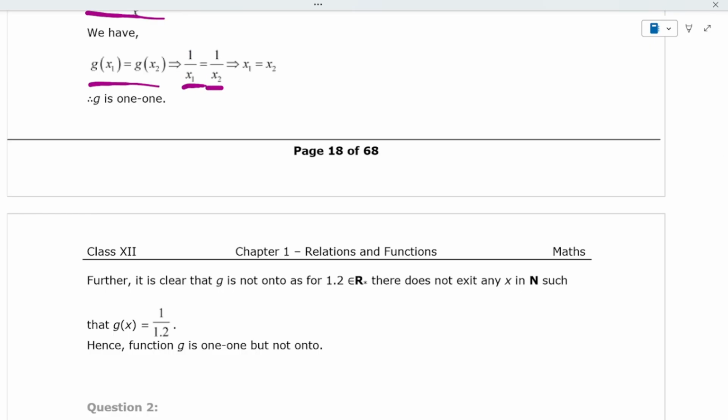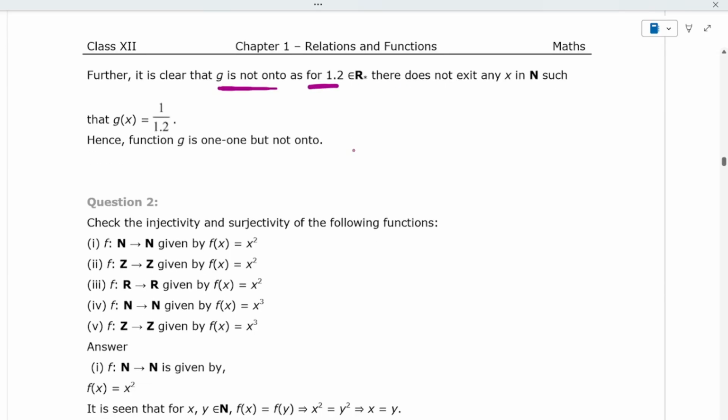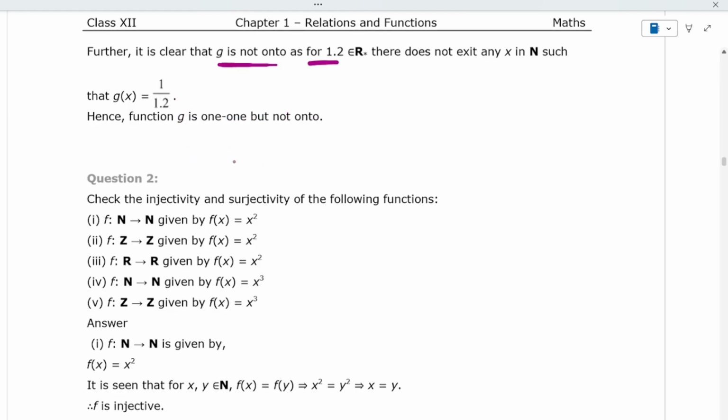Replacing, x1 will be equal to x2, so that is one-one. For onto, to prove that it is not onto, take some integer value, 1.2. 1 by 1.2 is not a whole number, so it is one-one but not onto. Hope you have got this.